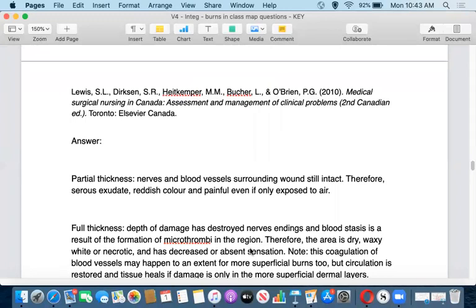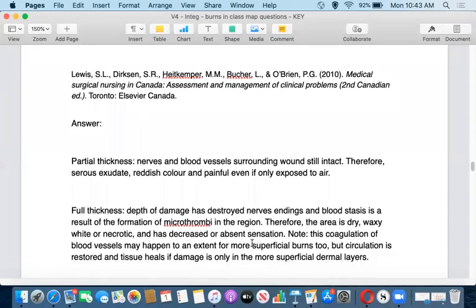Moving down, and now we're going into destroying nerve endings, and we could even be causing some blood stasis, thrombi formation. So the area becomes more dry and waxy, white or necrotic.